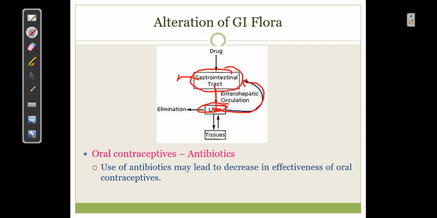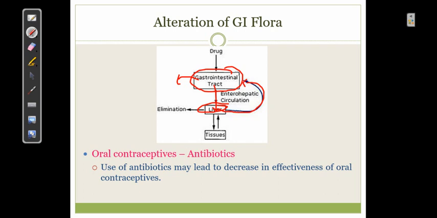This prolongs the half life of estrogen, increasing its biological half life. And remember that this is because of the bacteria, which are responsible for converting the conjugated estrogen back into its normal estrogen form.